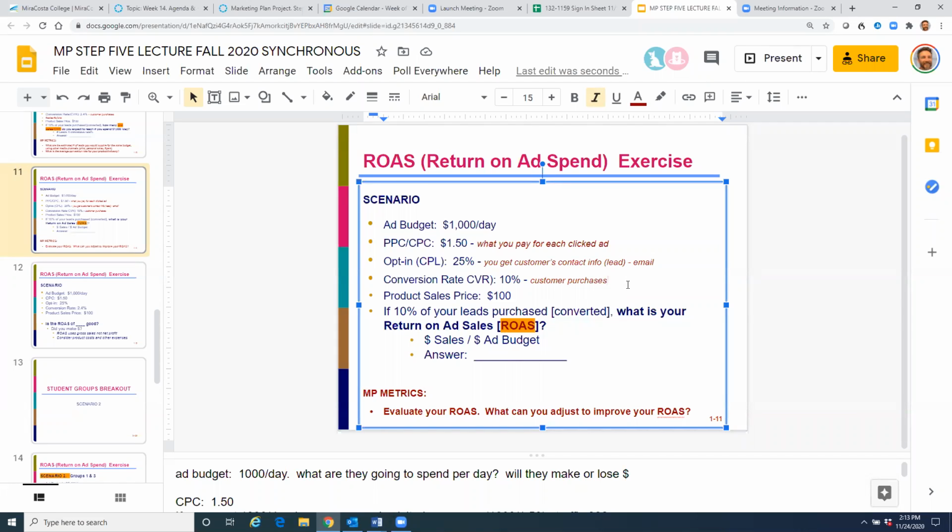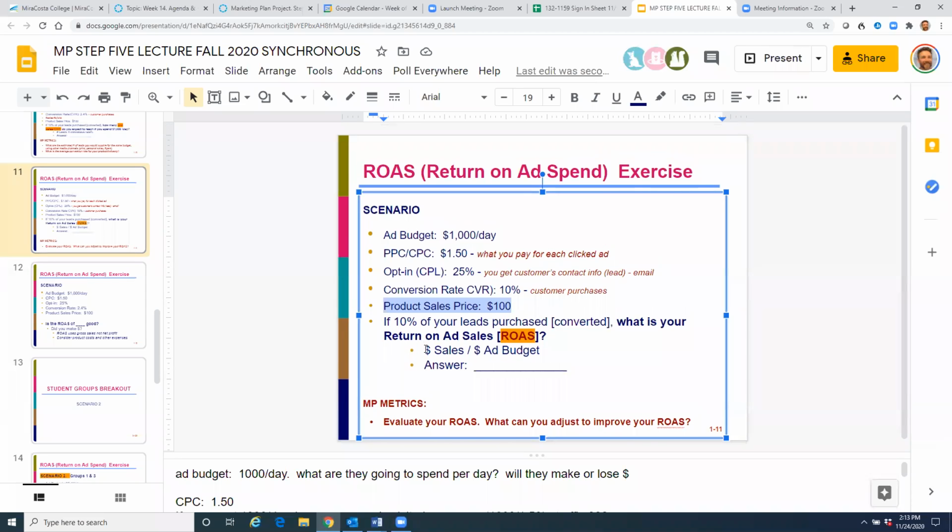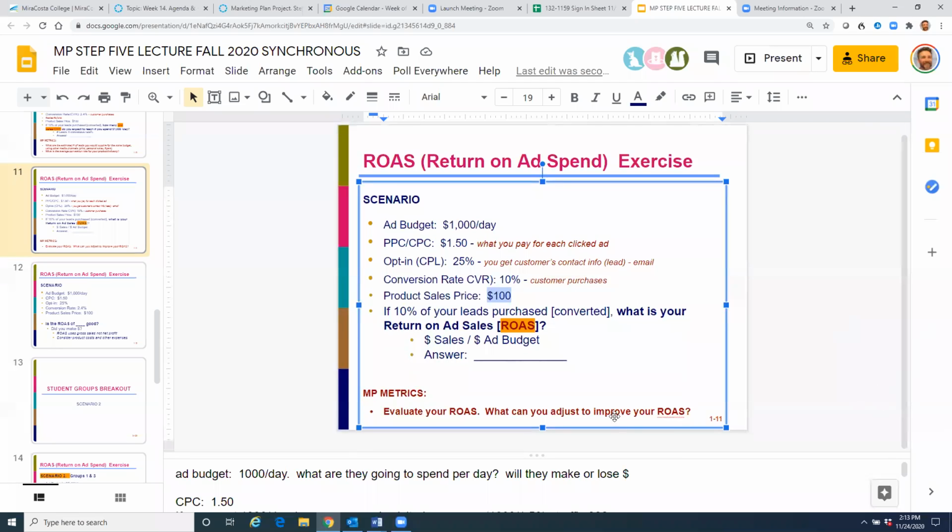Let's round down to 16. If we had 16 sales and the sales price of the product was $100 each, then our total dollar sales daily would be 16 times 100, which is $1,600. And we would divide that by our ad budget. So what would that number be? 1,600 in sales divided by 1,000.